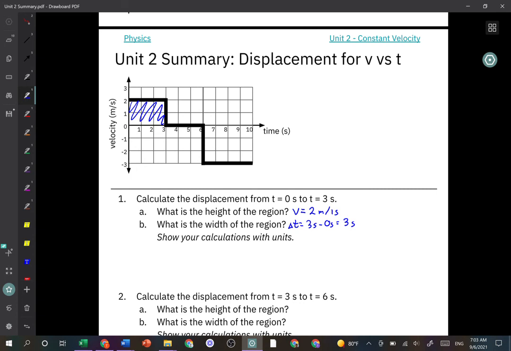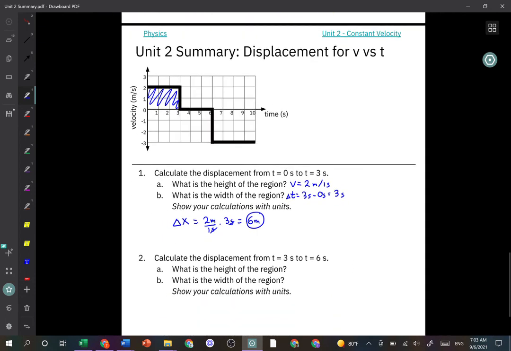So our displacement, that change in our position, is equal to 2 meters every 1 second times 3 seconds. So our change in position, the displacement for the first 3 seconds, will be 6 meters.